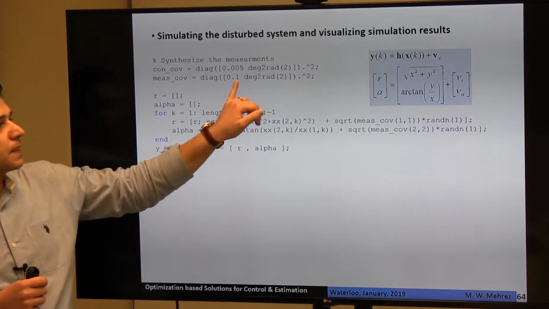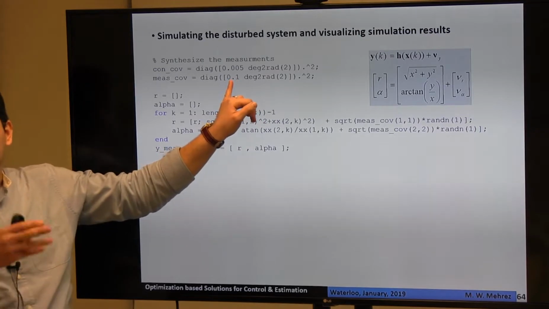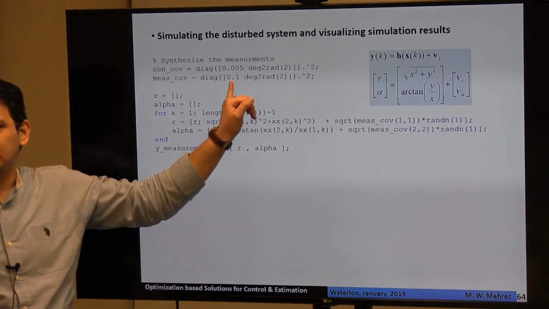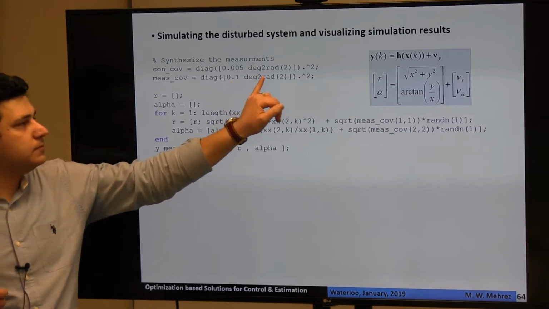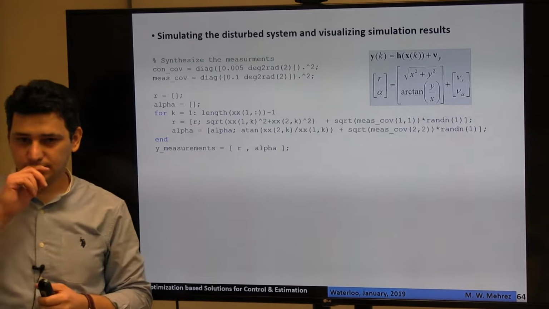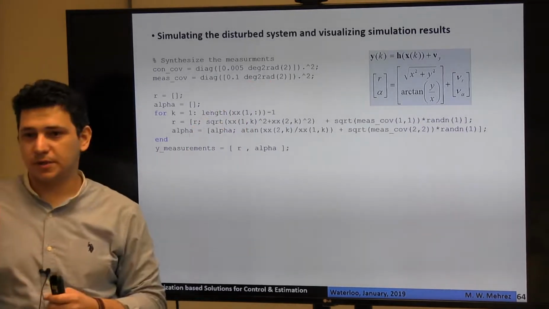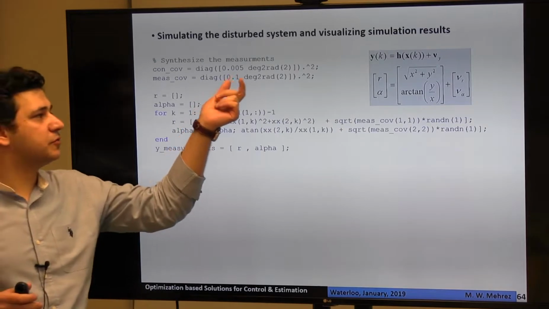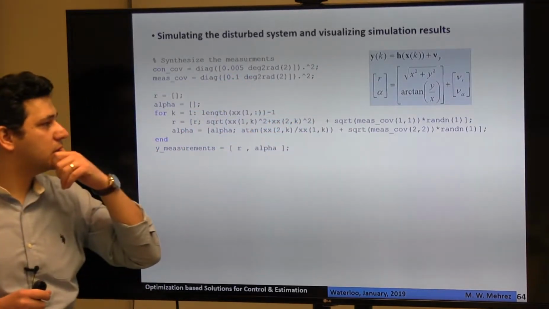So this is how much error we have in the range measurement, or that's the standard deviation, so 10 centimeters of standard deviation, and 2 degrees of standard deviation in the bearing measurements. So these are the standard deviations of the errors for my sensor here.